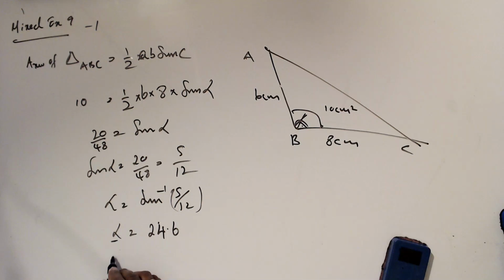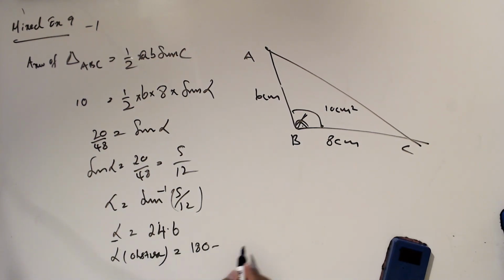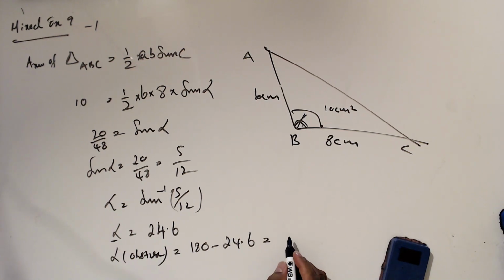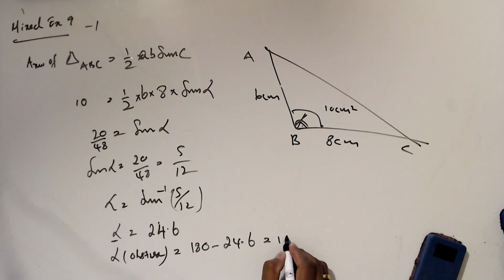Then alpha obtuse is 180 minus 24.6, which is 155.4. For three significant figures, 155, 3 SF.